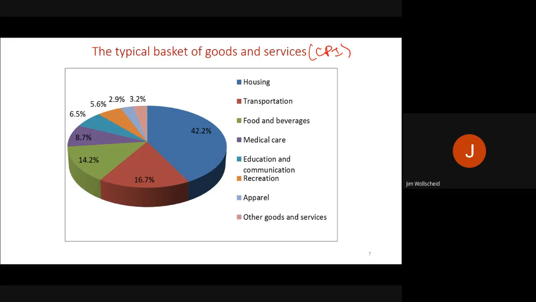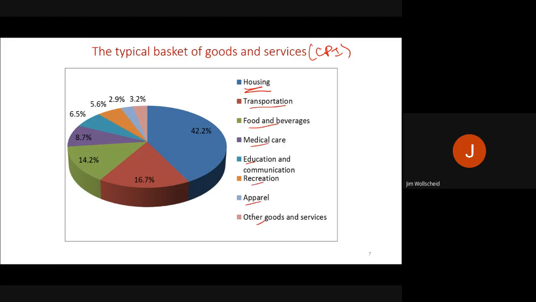Now, sometimes for college students, it's a little more difficult because housing sometimes is taken care of for you. If you live with your parents, you don't think about the housing cost because they're paying it. However, when you go out to live on your own, and when I ask adult students who are living on their own, they're like, yeah, housing's the most. Then it's transportation, food and beverages, medical, education.